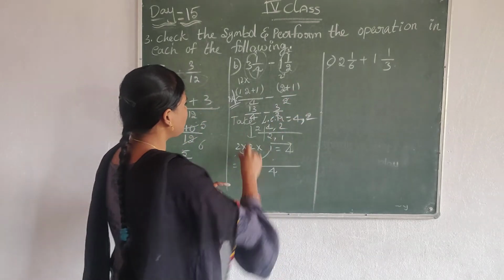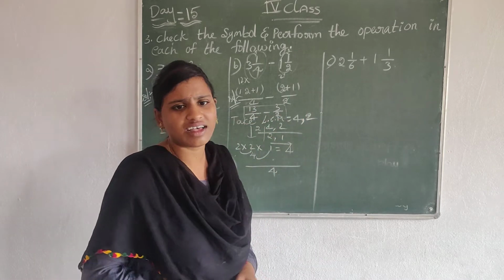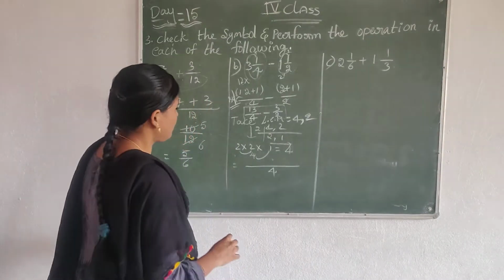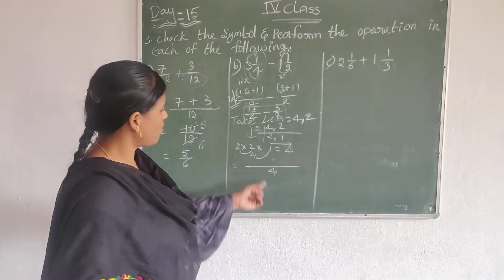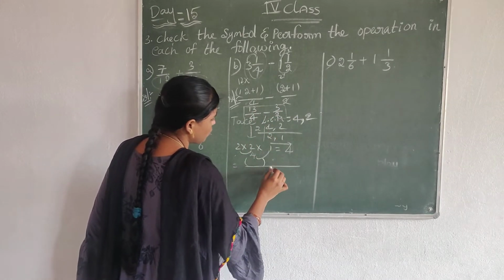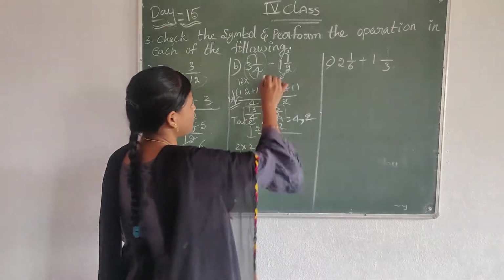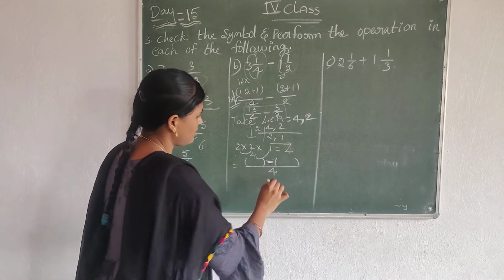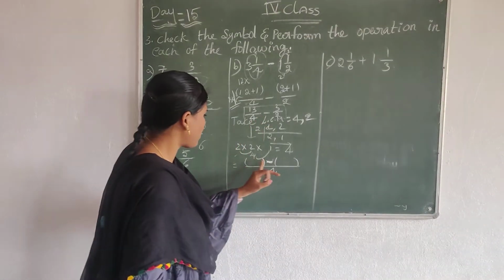Consider this as a quotient. See now, what is the denominator and what is the LCM? 4. See here how many fractions we have? 2. Which symbol is it? Minus. So minus. Okay, 2 fractions.